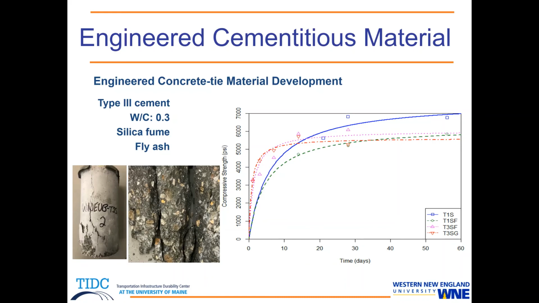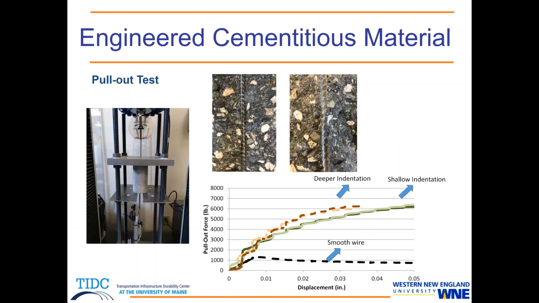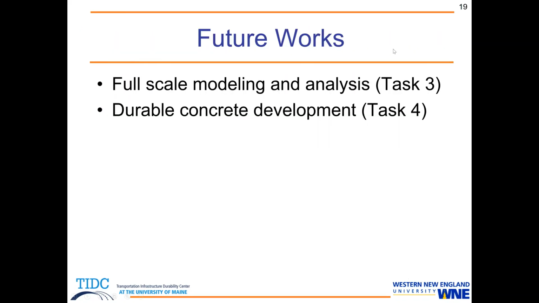We've been working with local suppliers who are supplying the aggregate to our research. And then we conducted a pullout test to see the bond-slip mechanism with the 3 different wires, WG, WP, and WA. We are able to see those clear differences experimentally.